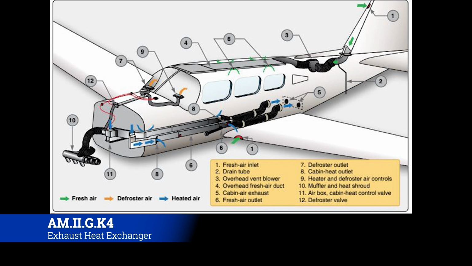Now all that air has to go somewhere, and so typically you'll have ducts on the bottom that vent overboard. Like you look at item number 5, you have a cabin air exhaust that eventually will go overboard and be gone. That way, the hot air that's in there can be pushed out, and the cool air can come down. And you can also typically close some of those up if need be.